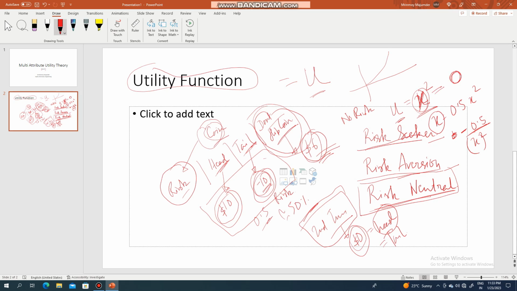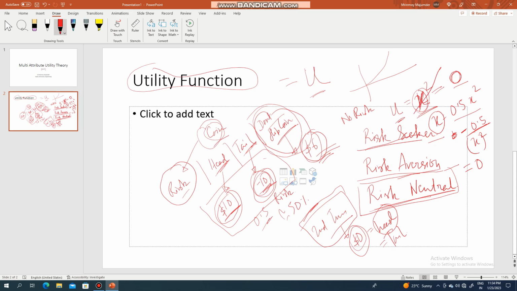So the utility of this risk taking will be zero, because there is a 50% chance that you will get a profit, and a 50% chance that you will suffer a loss. And the amount of profit and loss is the same. That is why here the result will become 0.